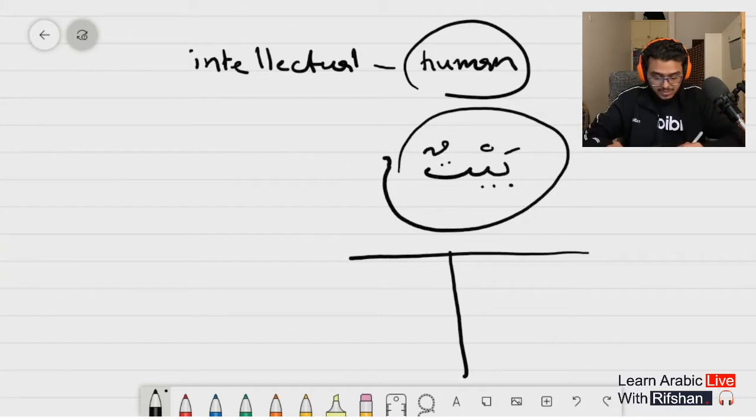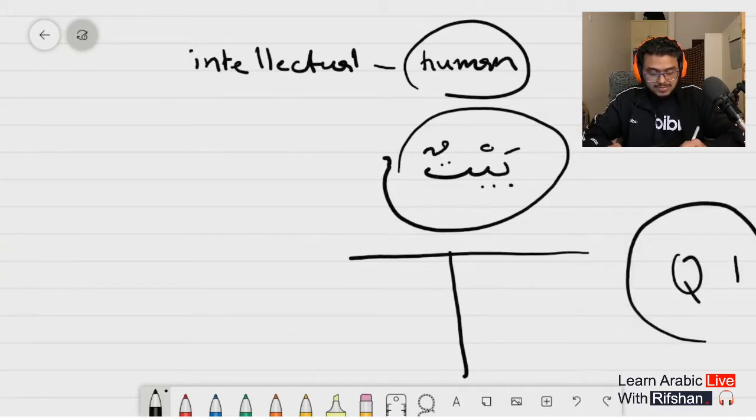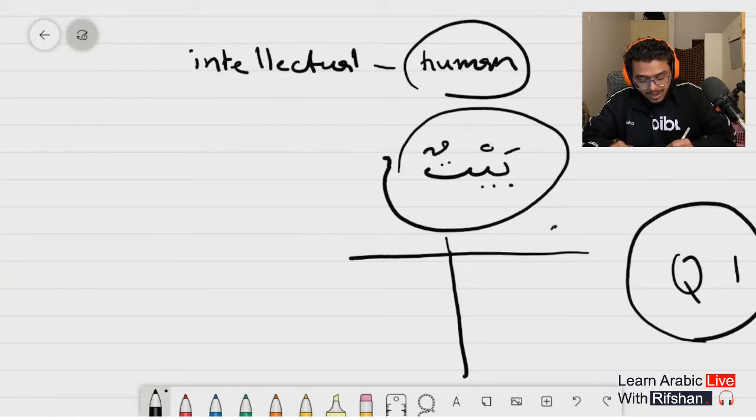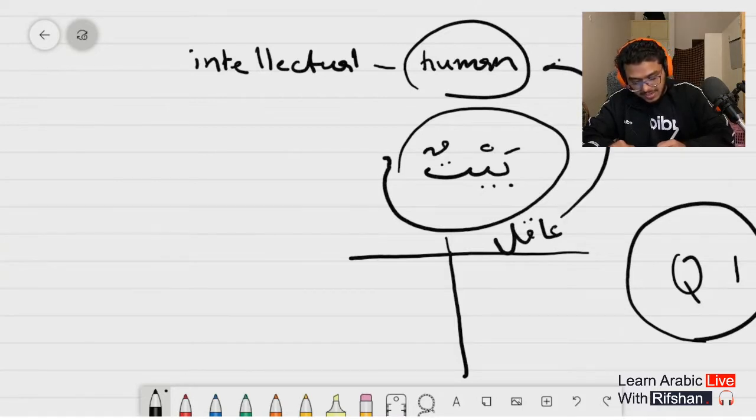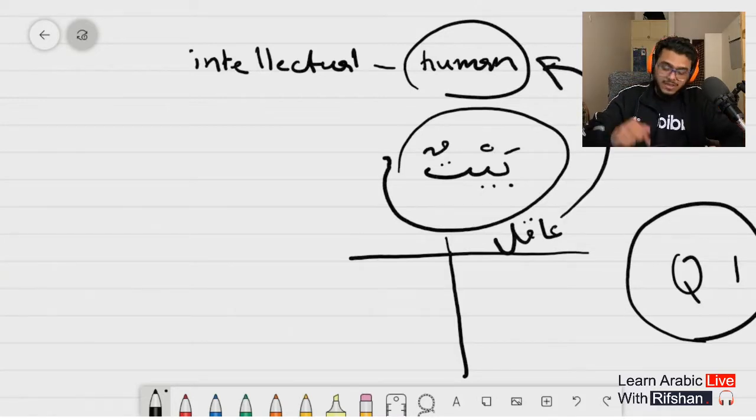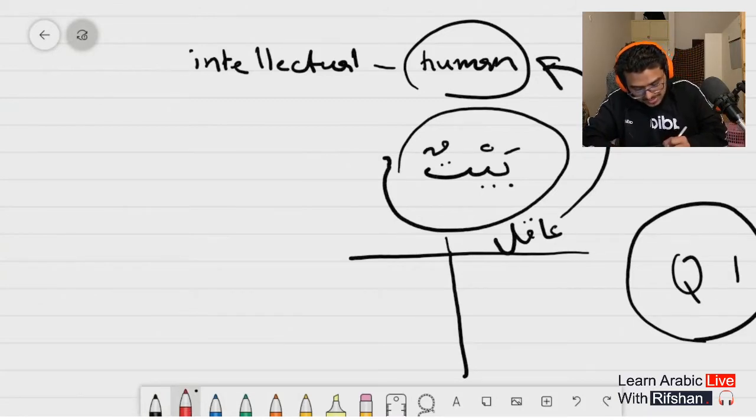This is the first question, Q1, the analysis number 1, to see whether this word corresponds to the aqil side, the intellectual or the human side of this table, or the other one, ghayru aqil.